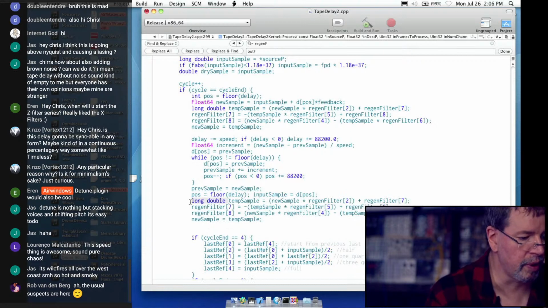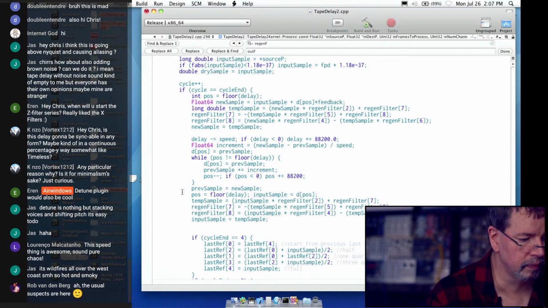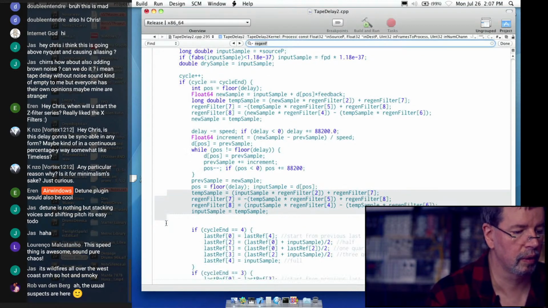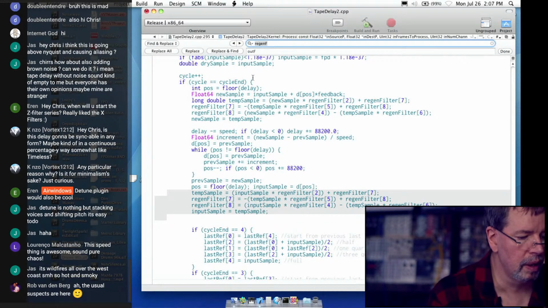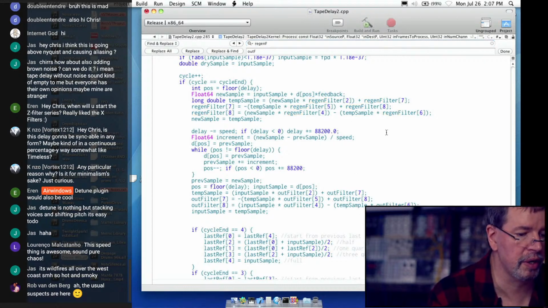I'll reuse temp sample. And this will be our output filter instead of our regen filter, which is on the regeneration.